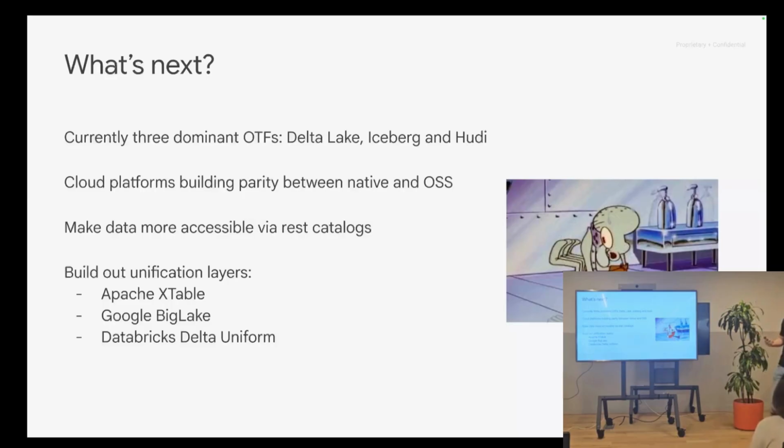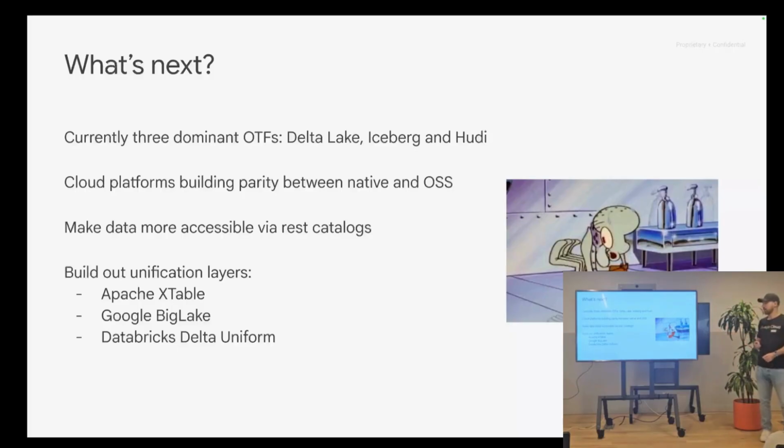There's also the idea of making data more accessible. So right now for, let's say, something like Iceberg, there is a tremendous amount of support for Iceberg with all of these open source processing engines, but they do technically rely on their own integrations. So Spark has its own plugins for Iceberg, Presto has its own, Trino, Flink, they all have their own custom code that's necessary to actually interact between the two.